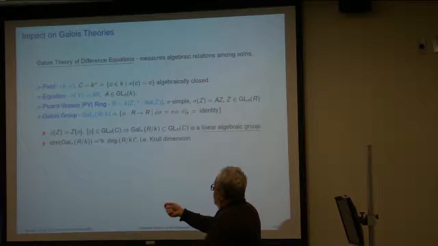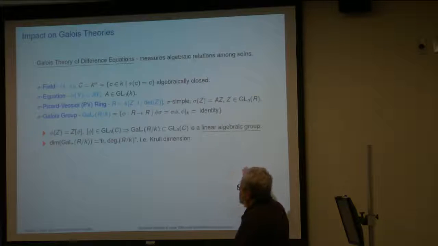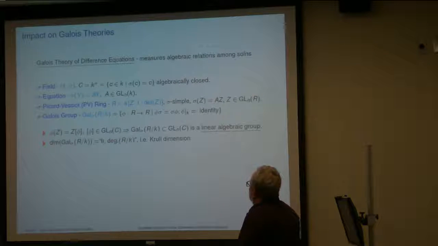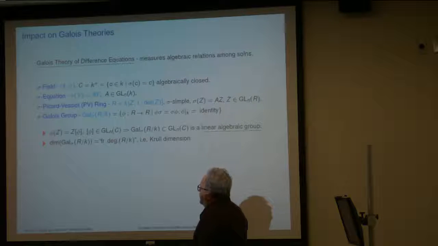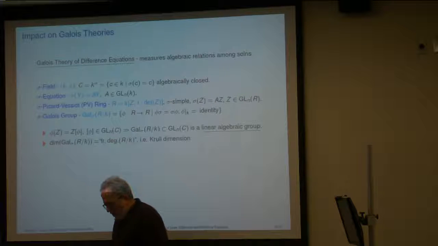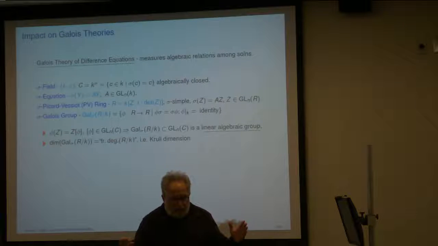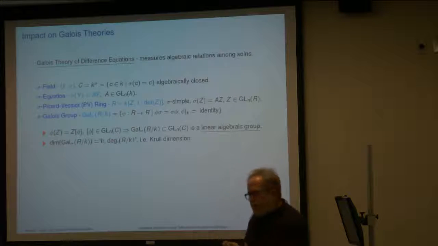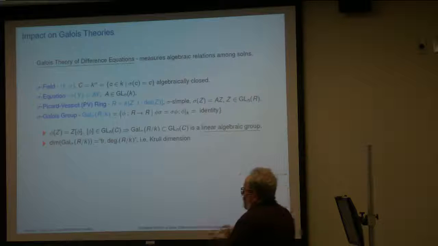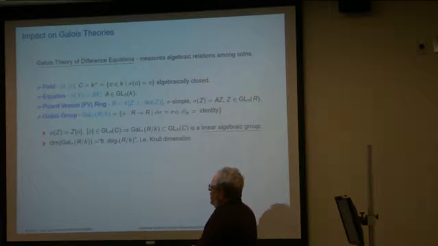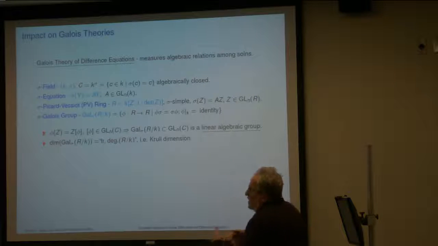So you can identify the automorphisms with invertible matrices, and it turns out that they form a linear algebraic group. And just as in the usual Galois theory, the size of the group measures the number of relations among your solutions. The bigger the size, the smaller the number of relations. The more symmetries you have, the less complicated things are.